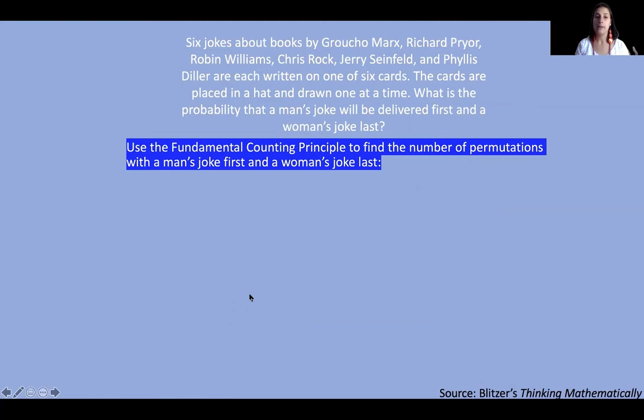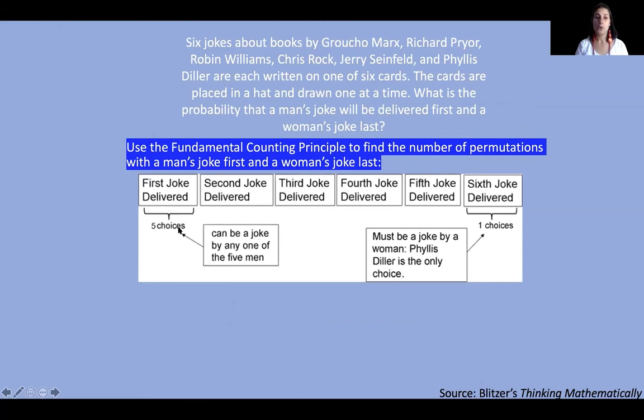Now let's see how we're going to calculate the numerator. For this, we're going to use the fundamental counting principle to see how many permutations we have with a man's joke first and a woman's joke last. For the first joke that's delivered, it could be a joke by any of the 5 men. So there are 5 choices for that first joke. For the 6th joke, there's only 1 woman in this group, so we only have 1 choice here.